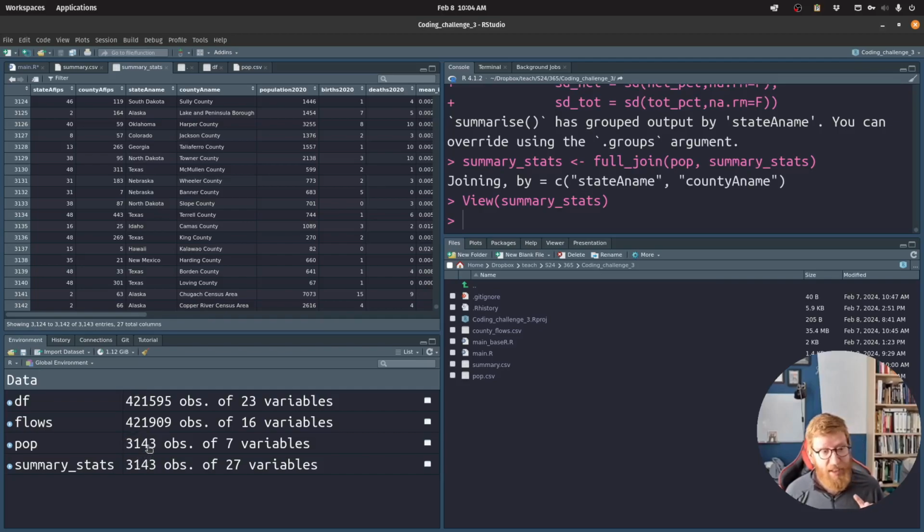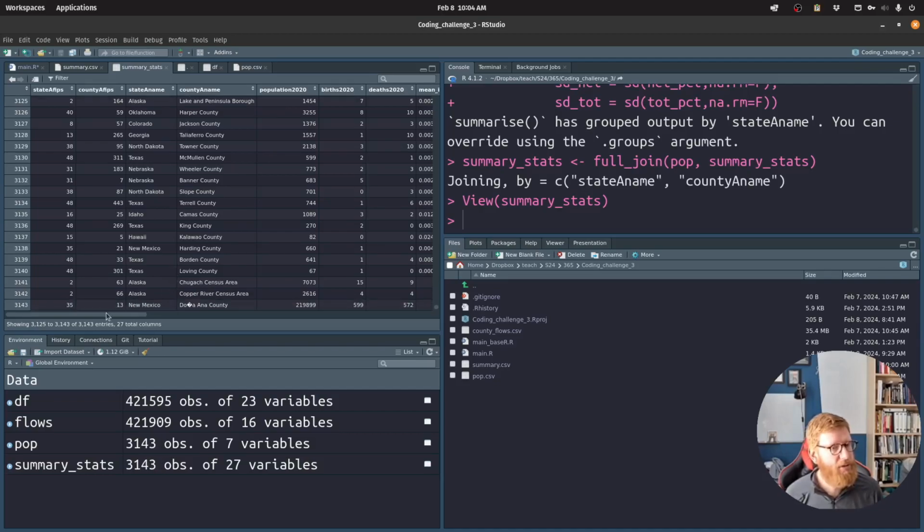Notice when we did the NAs, our summary stats was missing a little bit compared to pop. We dropped 3. Those 2 census areas in Alaska plus Doña Ana County in New Mexico. Poor Doña Ana County, the only problem there is that Ñ. Just a little accent over the N, and R just tripped over itself. Like I said, today the goal is not to solve that problem. We'll solve that in the future.